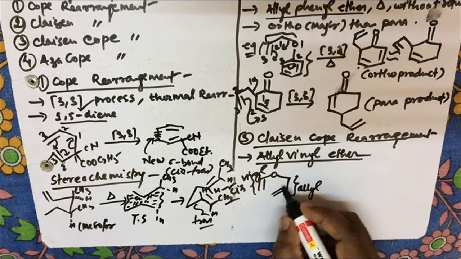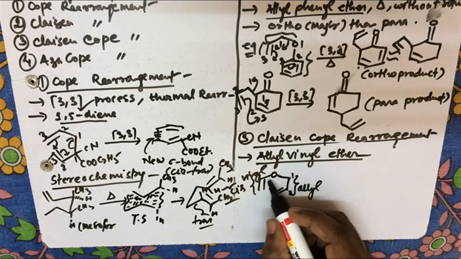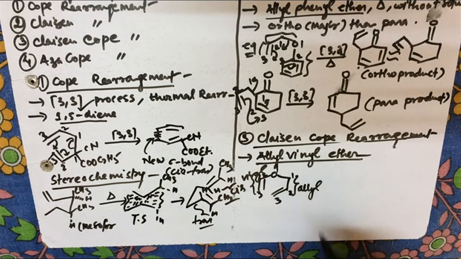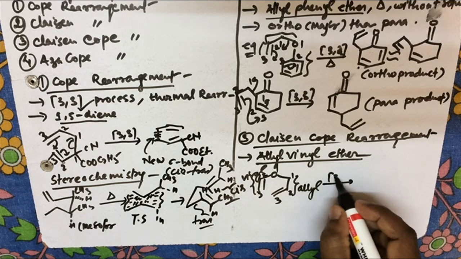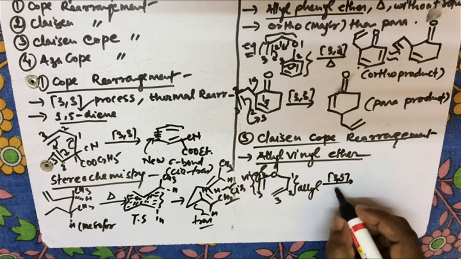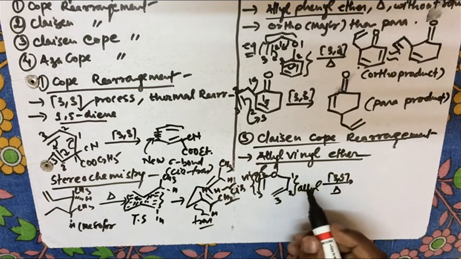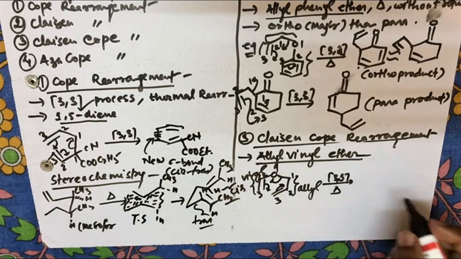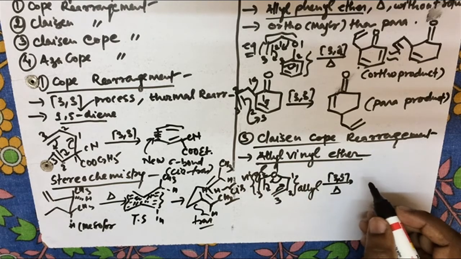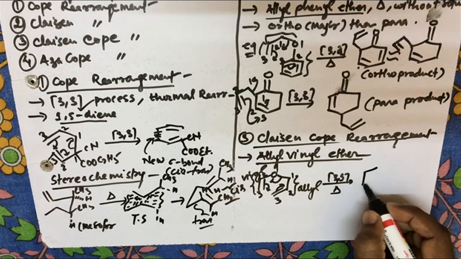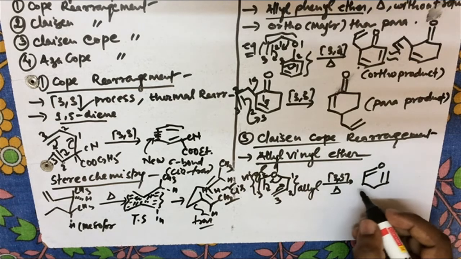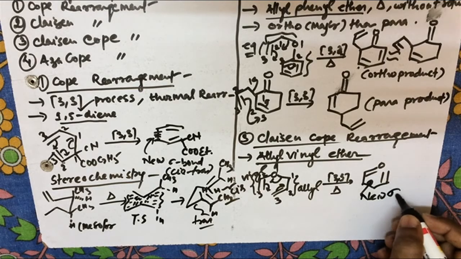If you count 1, 2, 3 and 1, 2, 3, here also a 3,3 sigmatropic shift happens under heat condition. It will go like this, and the product forms like this. This is the new sigma bond.